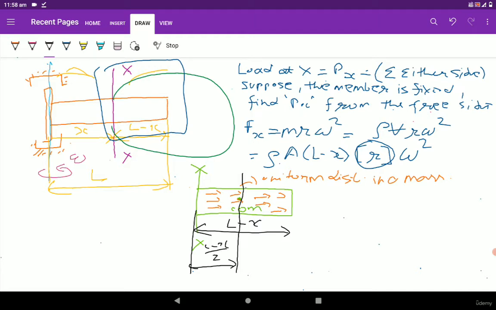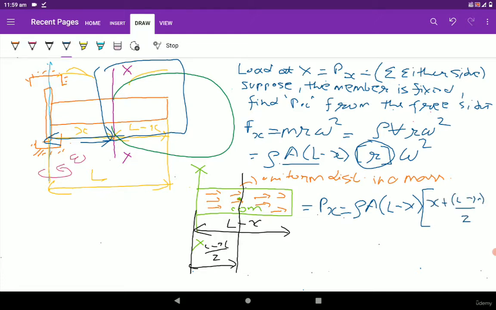Here, in this equation, Px is equal to rho A (L minus x), and the value of r will be x plus (L minus x) by 2, multiplied by omega square.